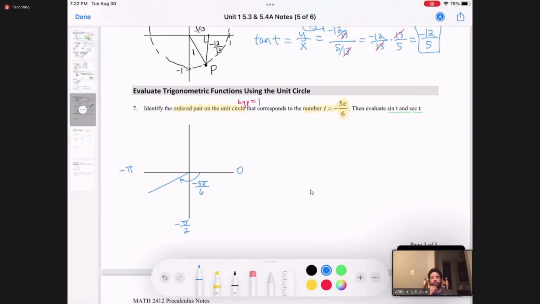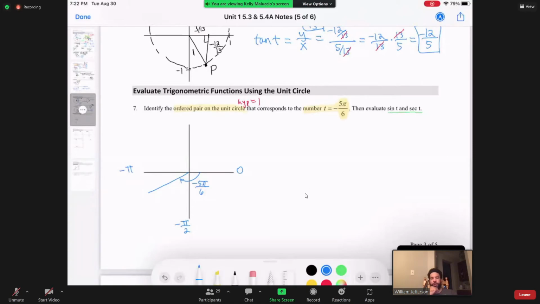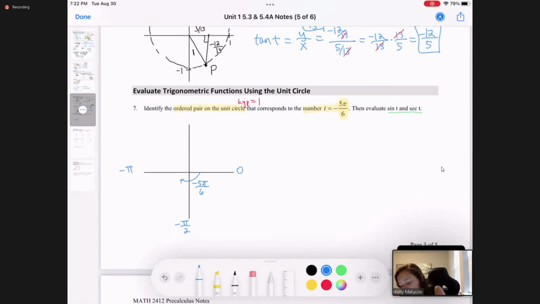So in this case, t corresponds to the sector on the unit circle. I kind of drew that poorly, but it's something like this.